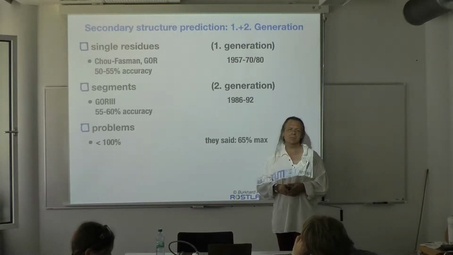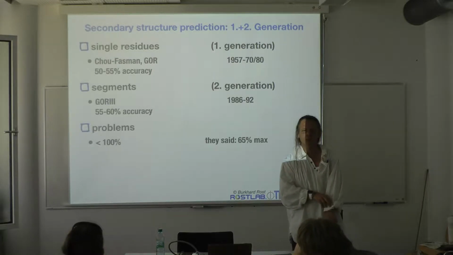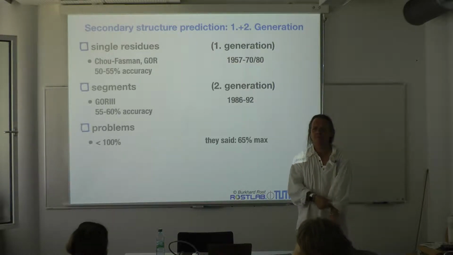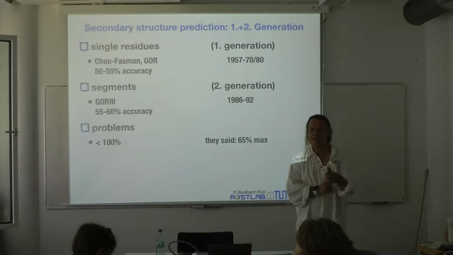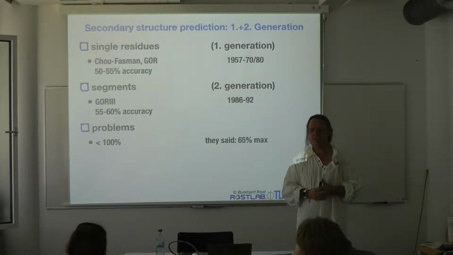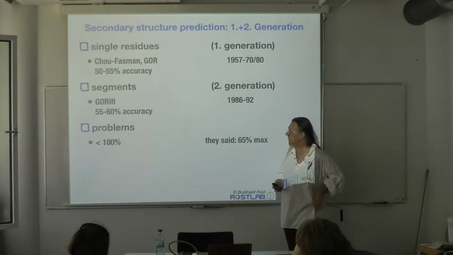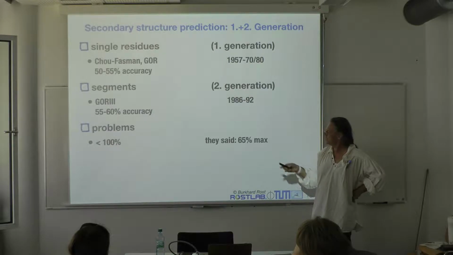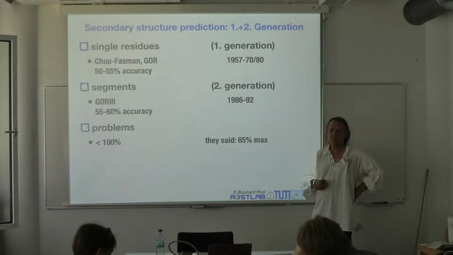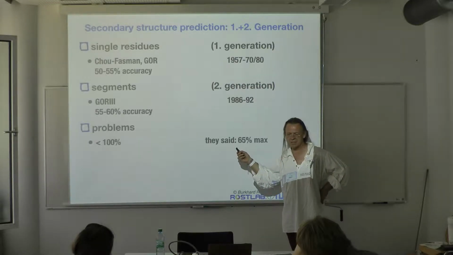How do you believe they came to this number? Let's call it something about the social behavior of scientists, this question, more than logic. You will find many books, or even textbooks, with a clear statement: secondary structure cannot be predicted at levels higher than 65%.